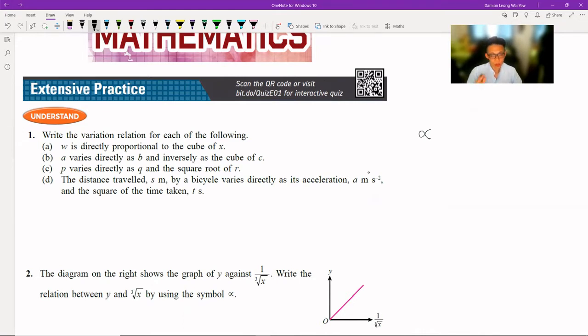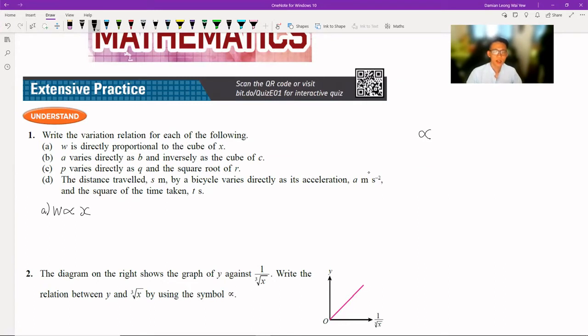If it's directly proportional, it means W varies directly with X. Directly proportional and varying directly is basically the same. Varying directly is very direct. It's just this symbol, then the other variable.